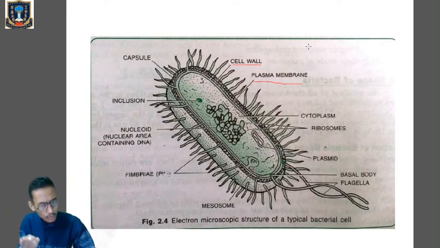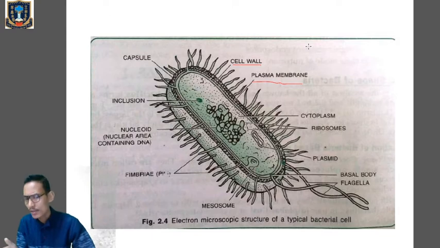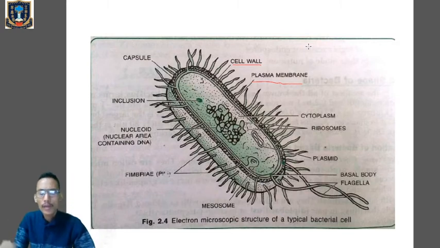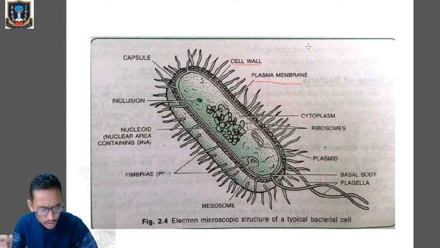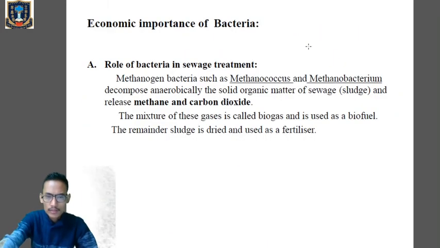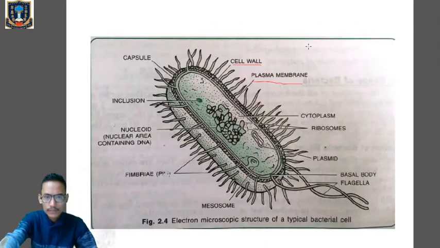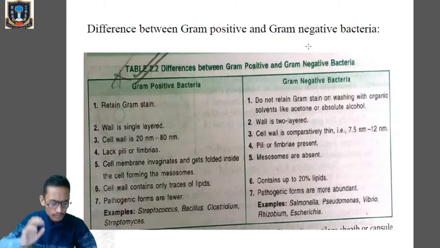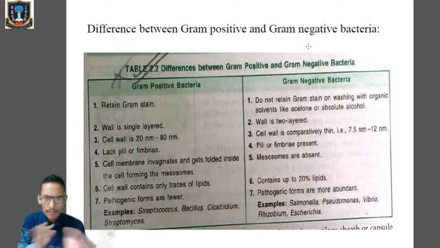In both gram-positive and gram-negative bacteria, the cell wall is made up of peptidoglycans. But in gram-negative bacteria, along with peptidoglycans, we will find another covering called lipopolysaccharides. Clear? Now, we'll talk about gram-positive and gram-negative bacteria.